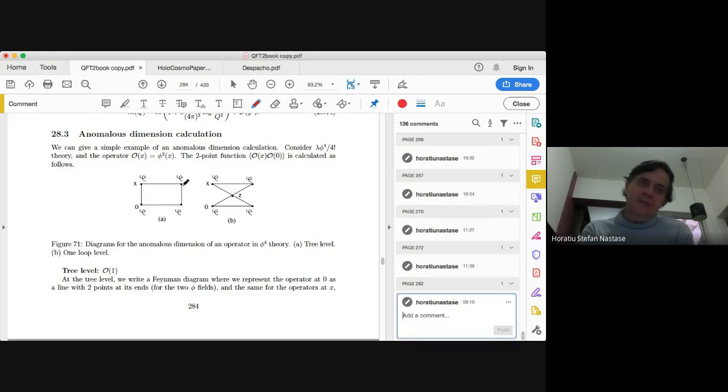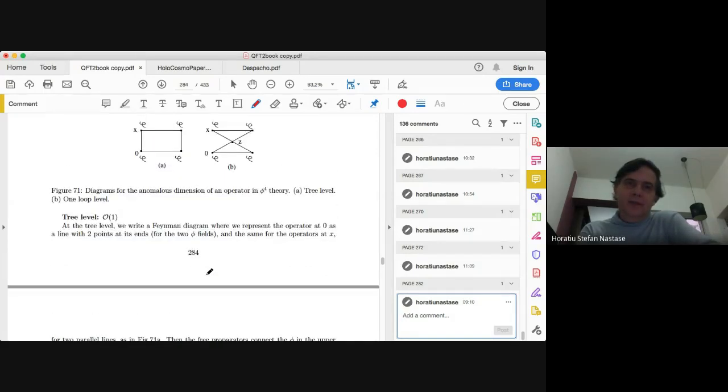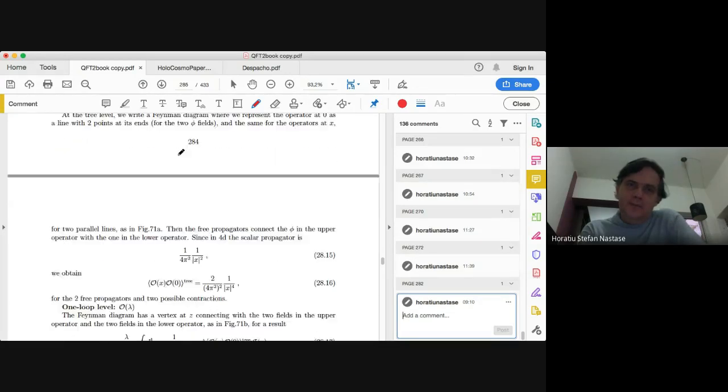And then obviously the tree-level diagram is just writing a propagator connecting 0 with x here and 0 with x here. So the Feynman diagram then has just these 2 propagators.